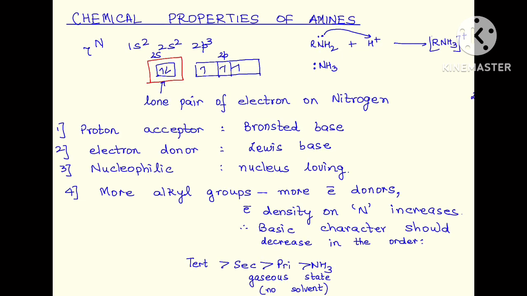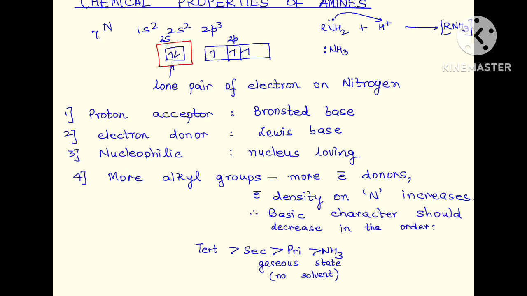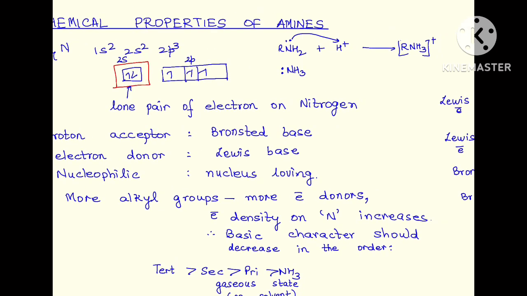Talking about the chemical properties, in the last video I had explained to you the basic character of amines and what accounts for this basic character. We had said that because of the presence of a lone pair of electrons on nitrogen, they are considered as bases according to the Bronsted concept because they are proton acceptors, and this is how we had depicted it.